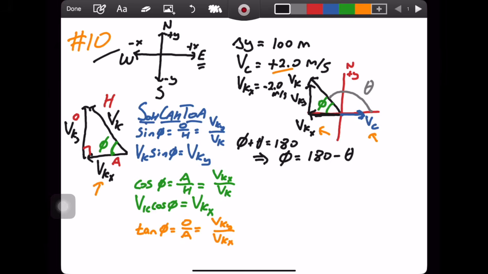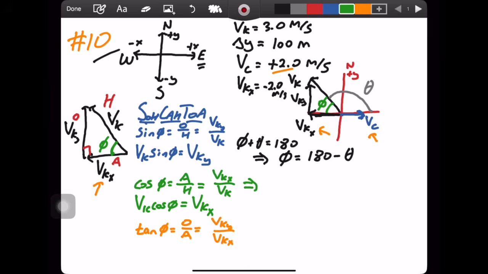We know that the cosine of phi is the velocity of the kayaker in the x direction divided by the velocity of the kayaker. We are also told that the velocity of the kayaker is equal to 3.0 meters per second. This allows us to take this equation right here and solve for phi, because we already know what the velocity of the kayaker in the x direction is.